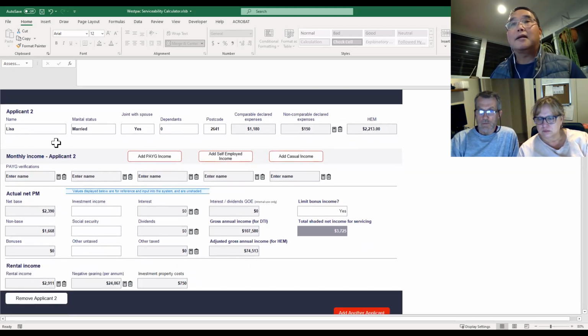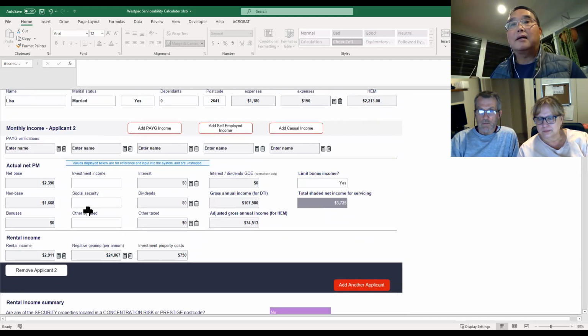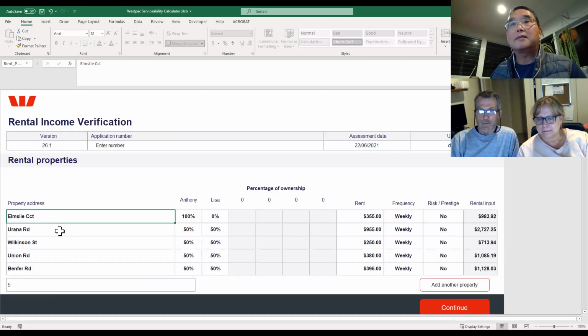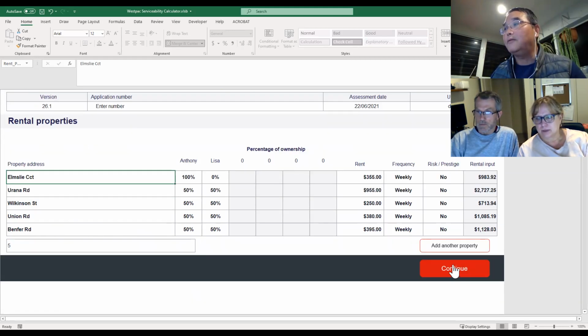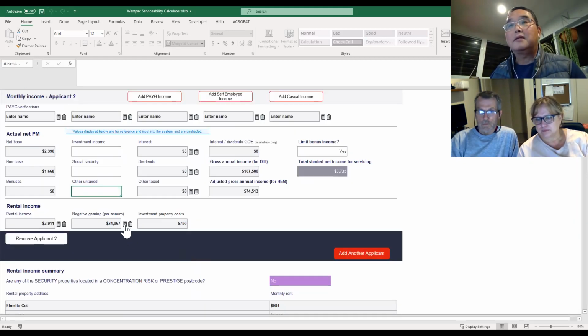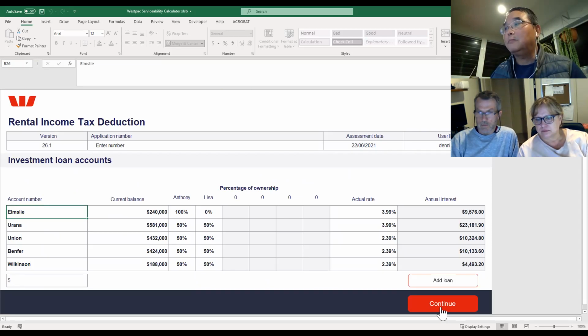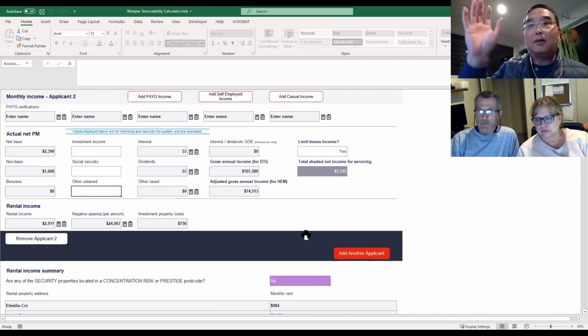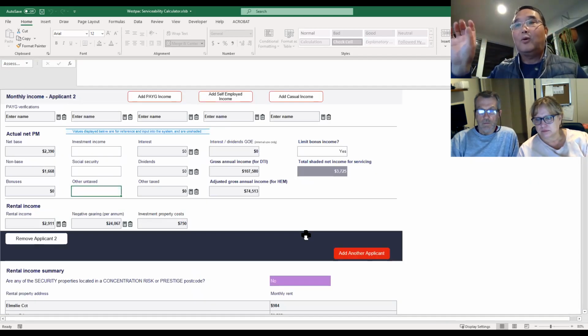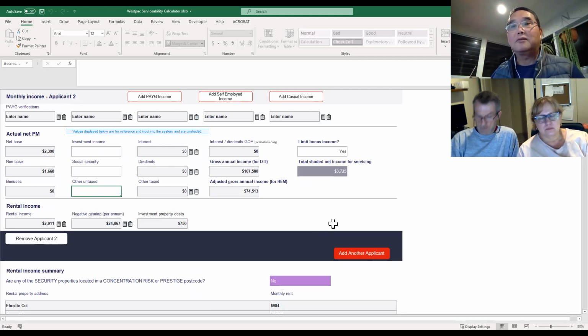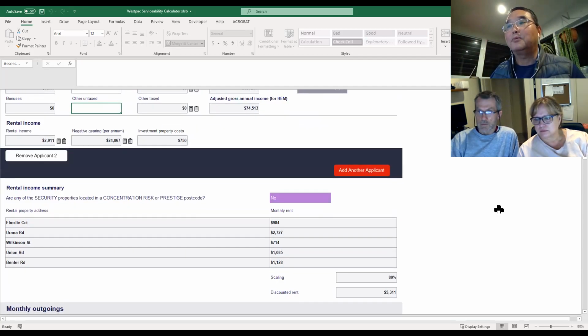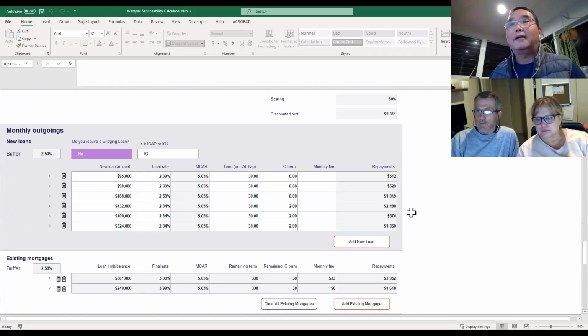Okay, now these are the same because the only change is 0%. Every entitlement, everything same. Because once we're done in one applicant, all the information is populated to the second applicant, which is nice. Okay.